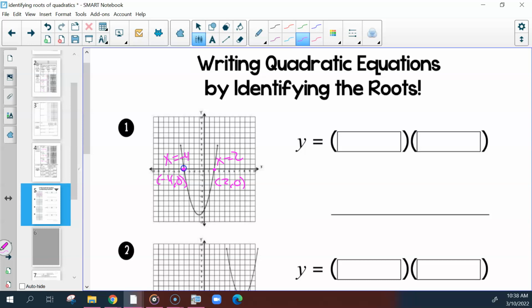What I mean by that is, instead of writing x minus 4, we're going to write x plus 4. Instead of writing x plus 2, we're going to write x minus 2. The reason we do them backwards is this. If we had both of these equations and we set them equal to 0, so I'm going to do this off to the side.